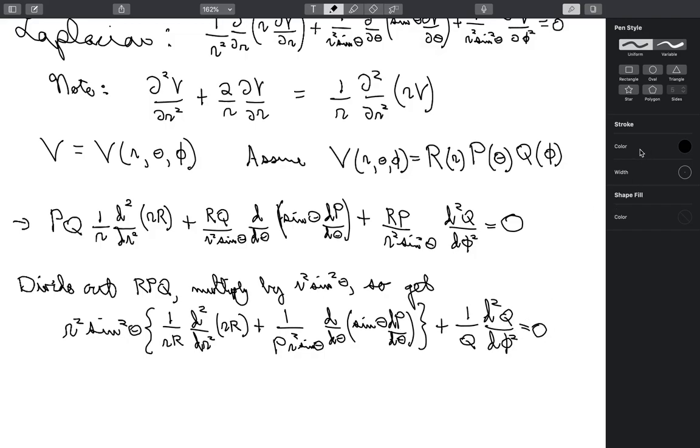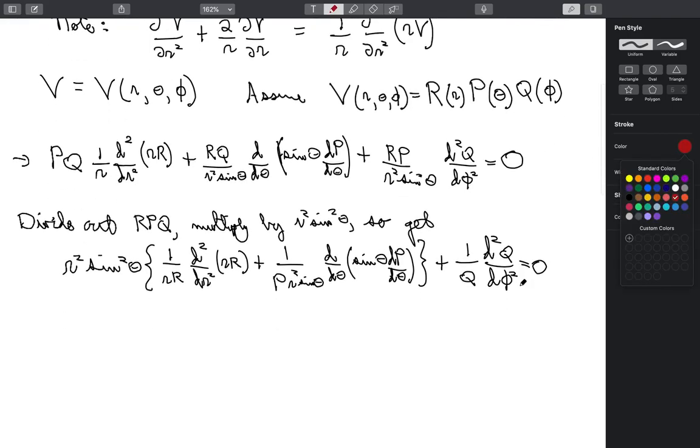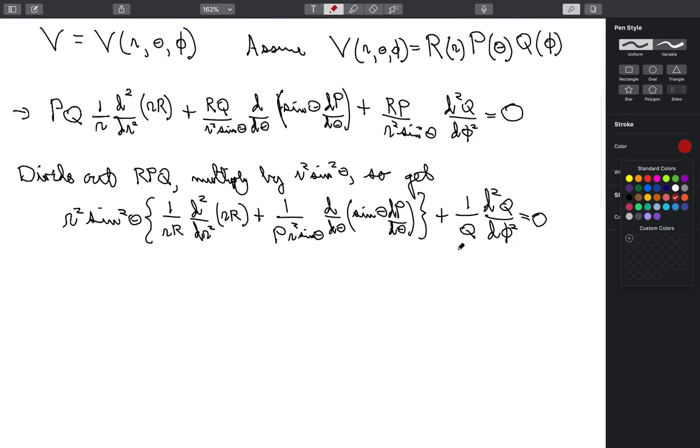Okay, so what's the deal with this? The point is that if I look carefully at this equation, this term here is the only one with a phi dependence. So you see where I'm going with this.